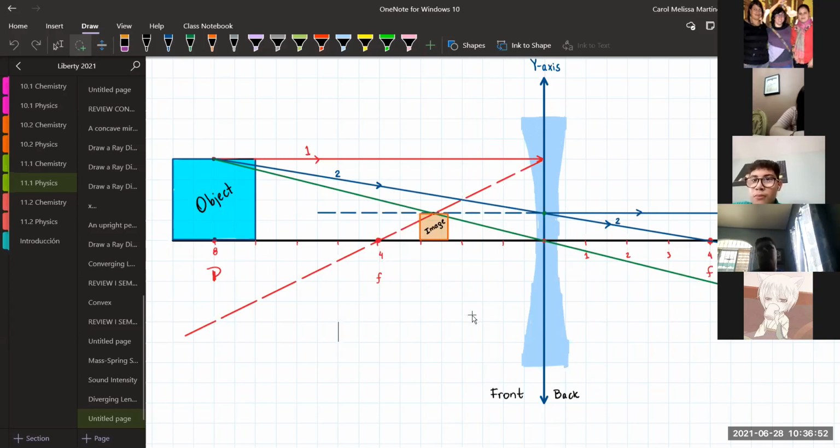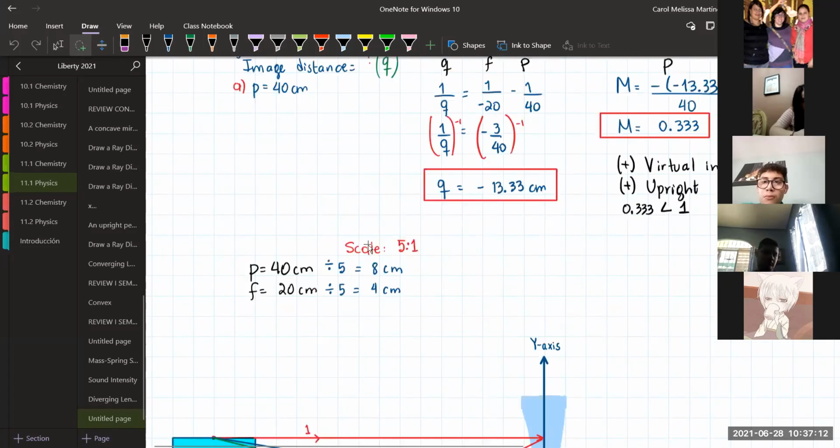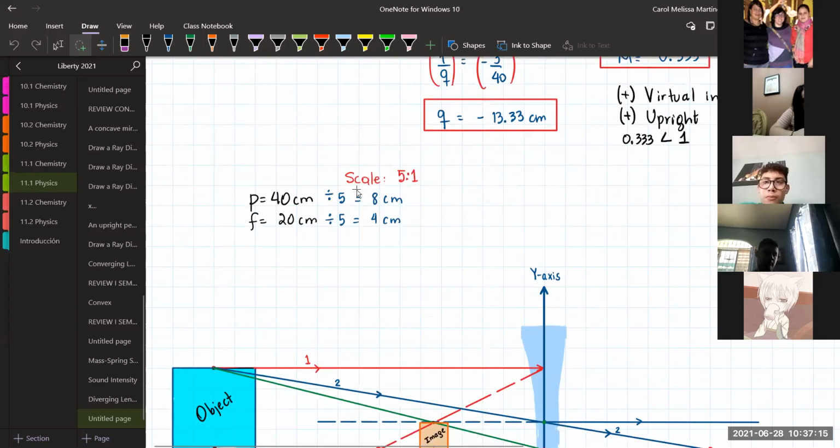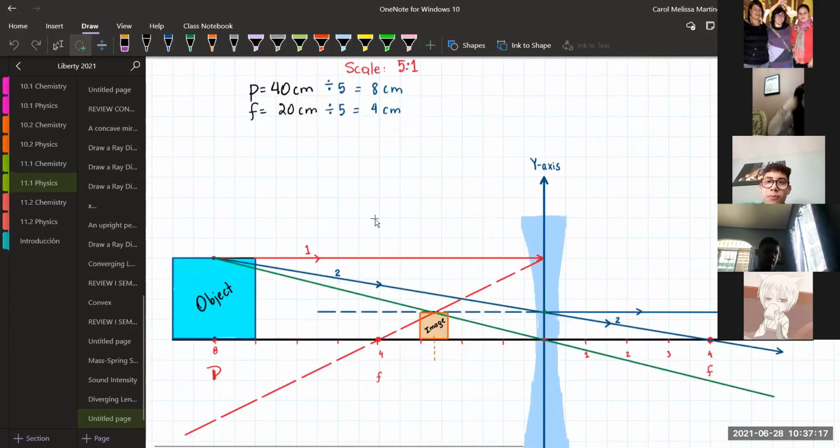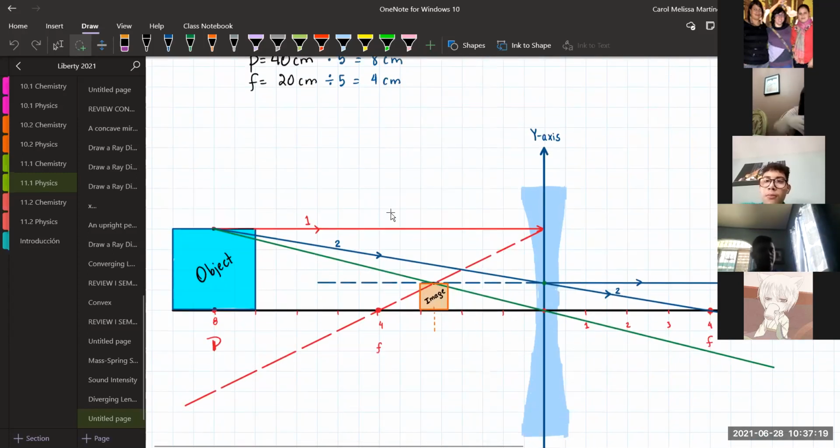Okay. Now, as you can see the position of the image, if I project the center of this object, it will be here, the center of the object. Okay? And remember that each box represents 5 centimeters. So here I have 5 centimeters up to here.